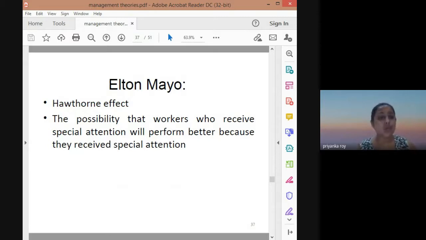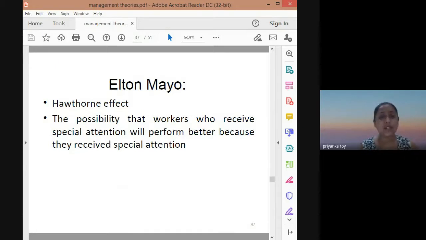His focus was on changing work conditions, like lighting, breaking time, and length of the workday. Every change he tested was met with an improvement in performance.